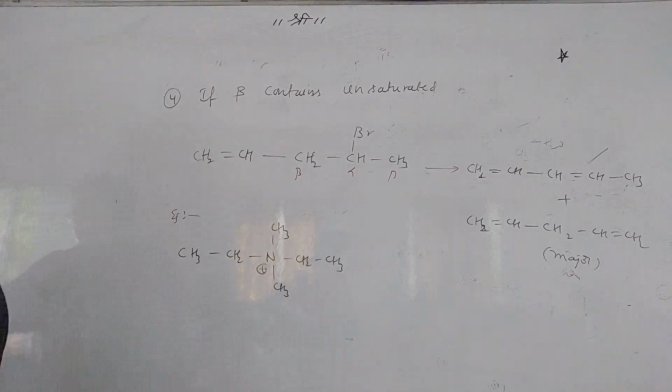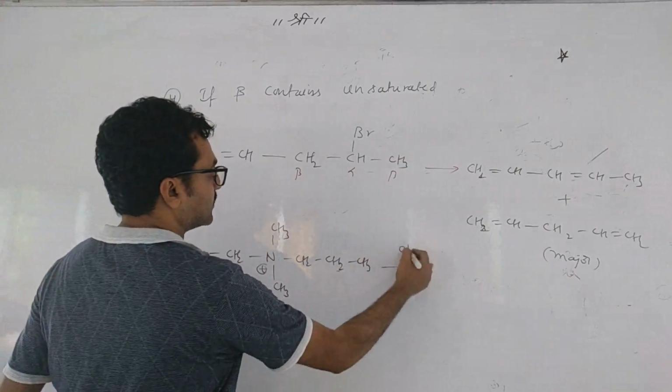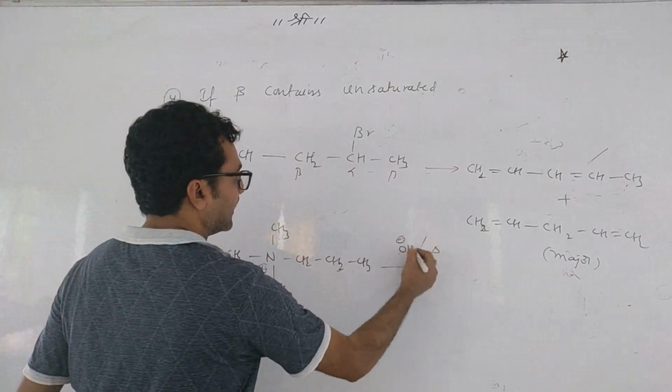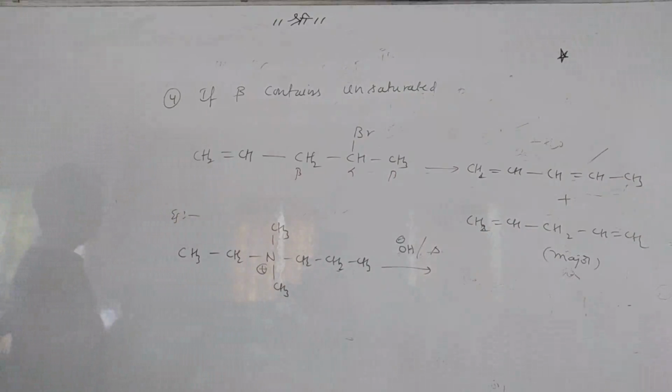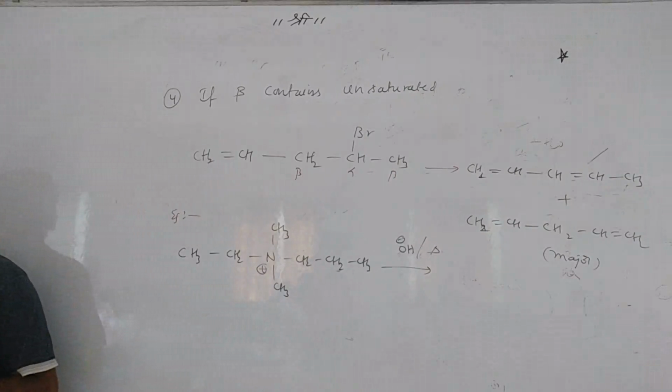That product is there. OH, heat. Whenever heat is there, elimination, remember. Now which product is formed? So answer is propene, ethene, ethyl alcohol, like that many cases they gave.